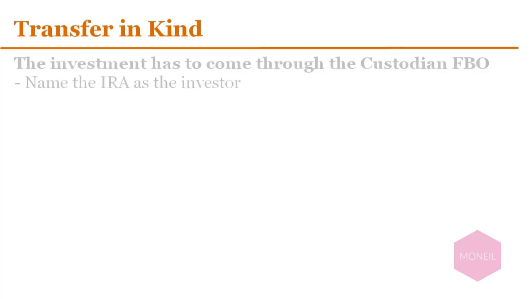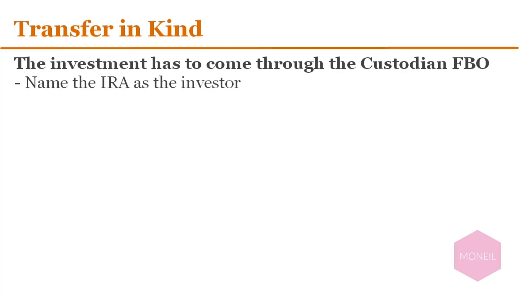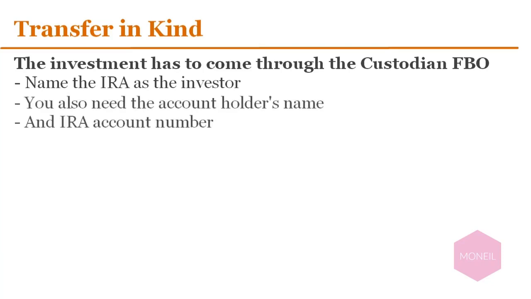The transfer in kind requirement: what you'll need is that the investment comes through the custodian's company FBO. You'll need to name your IRA as the investor. So the investors will say, for example, Equity Trust Company or Pensco Trust Company, Custodian FBO, plus the account holder's name, plus the IRA account number.